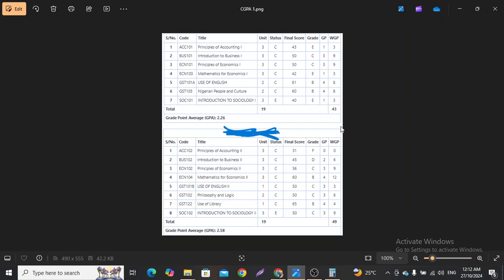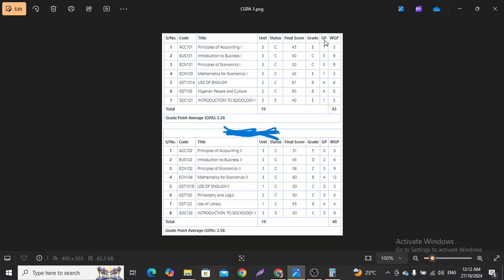Other institutions may present their results differently, but there are things that are common. Of course, all results will show you the units registered, or the course unit, and so on, and then the GP of the result.